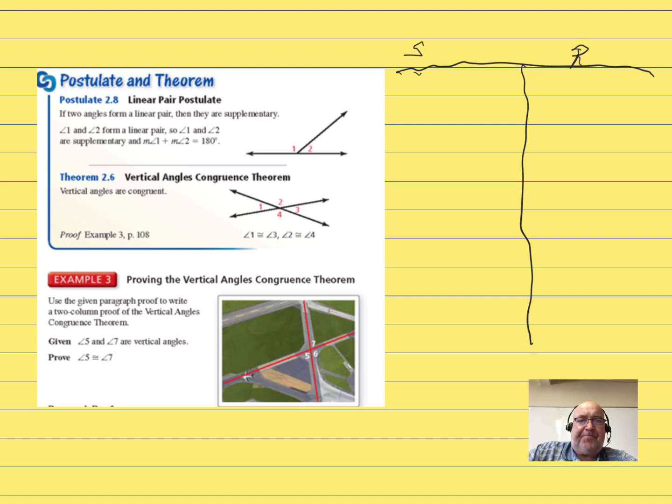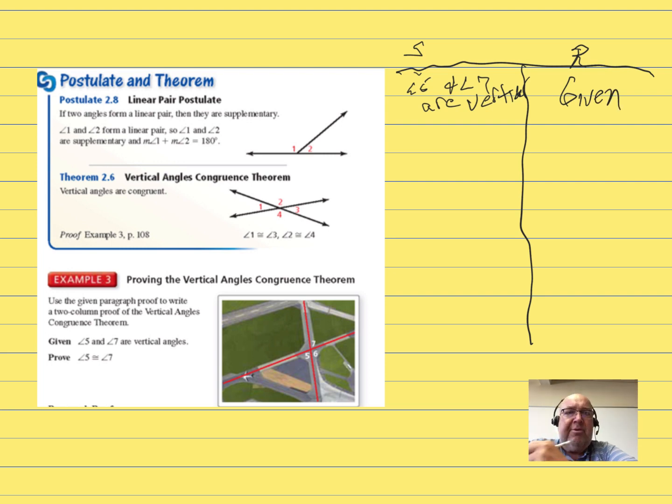Okay, looking down here at the bottom of the picture, we see that angles 5 and 7 are vertical angles. Angle 5 and angle 7 are vertical. And that's given.